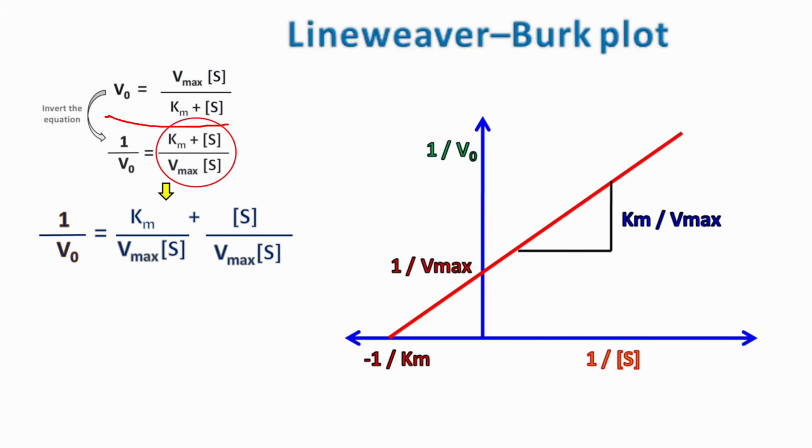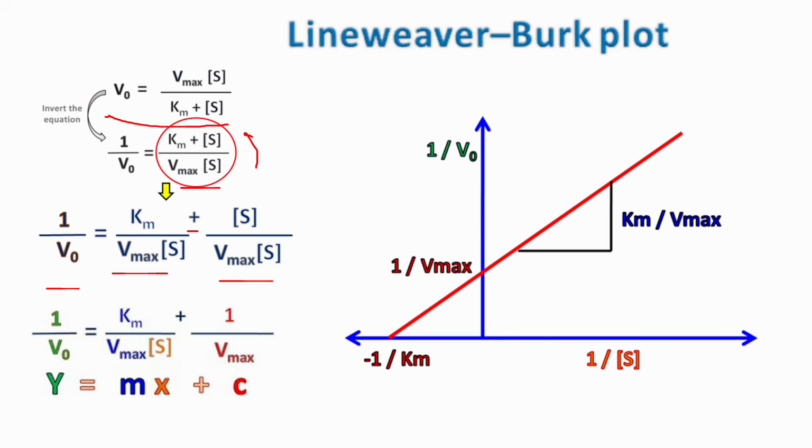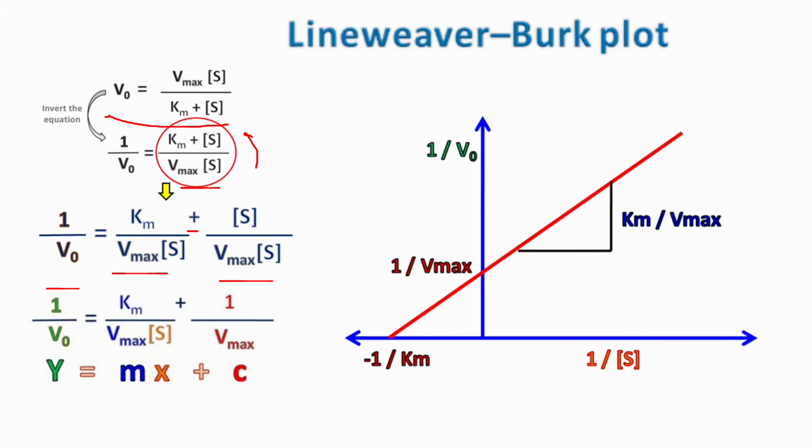If we take the reciprocal, 1 by V0 equals, the bottom goes to the top, and then if we separate it this way, Km by Vmax plus substrate by Vmax times substrate, it becomes a linear model. 1 by V0 equals Y, then the slope M is Km by Vmax, 1 by S, that is 1 by substrate, equals X, plus 1 by Vmax equals C.